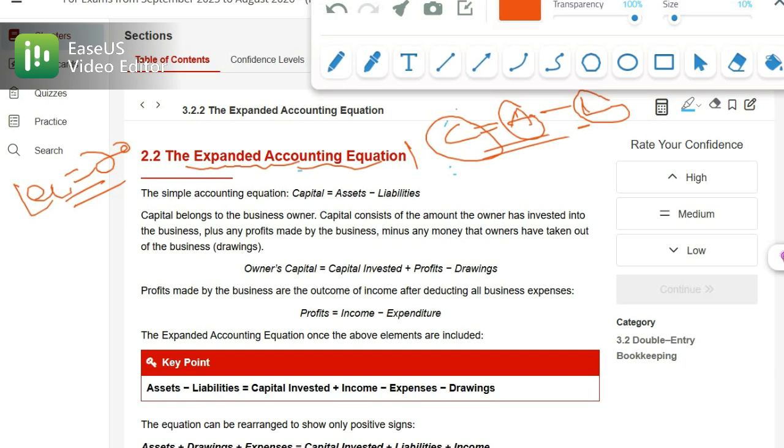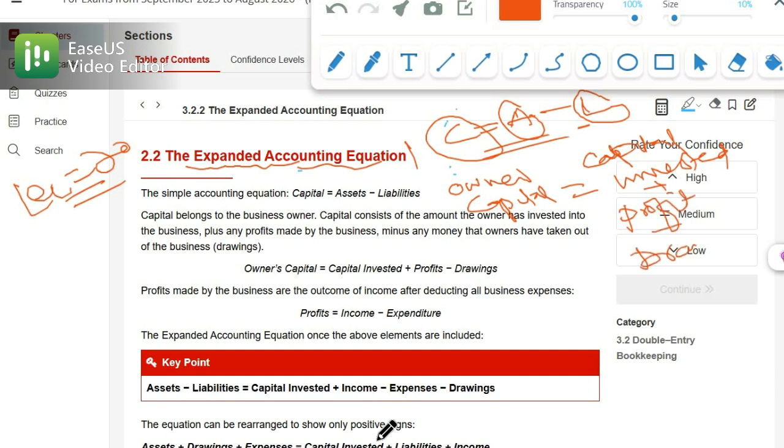Now let's expand and elaborate on this. Capital is not just a fixed number, it changes with business activity. So we expand it: owner capital is equal to capital invested plus profit less drawing.